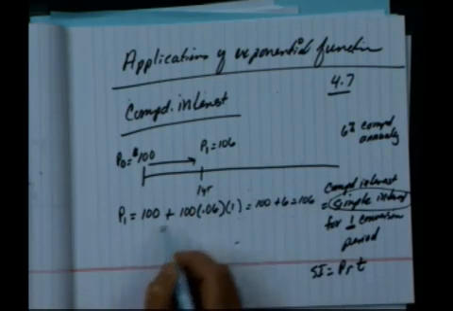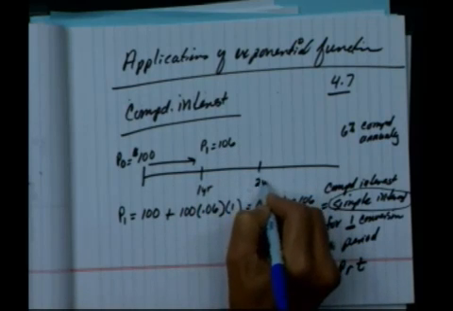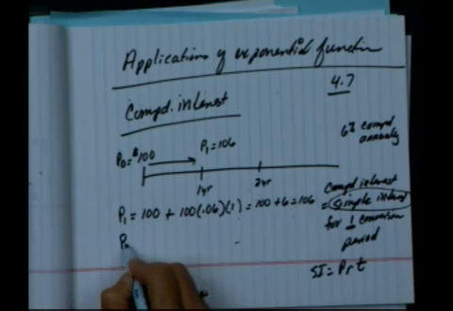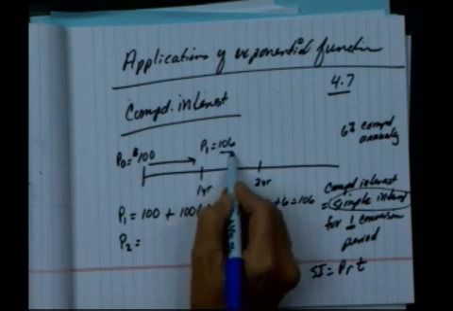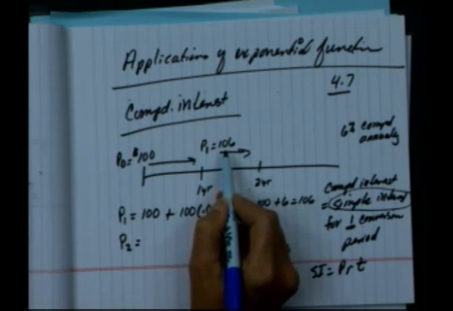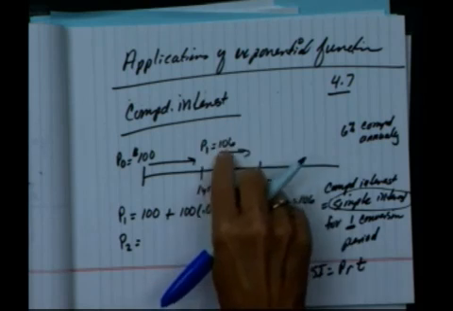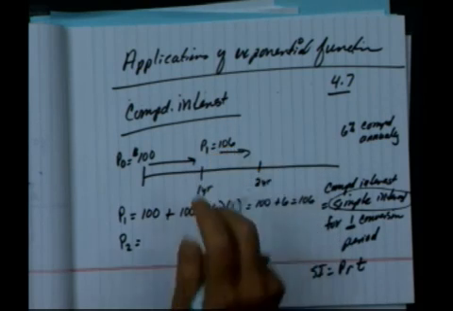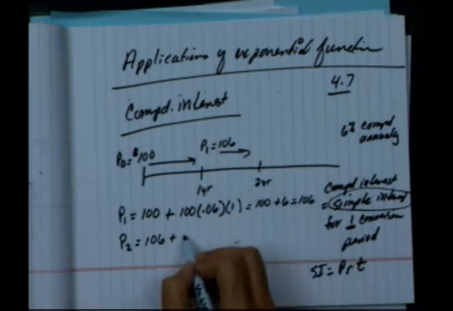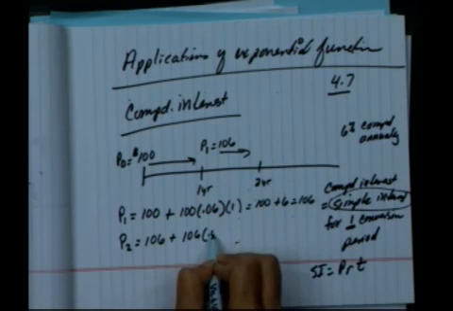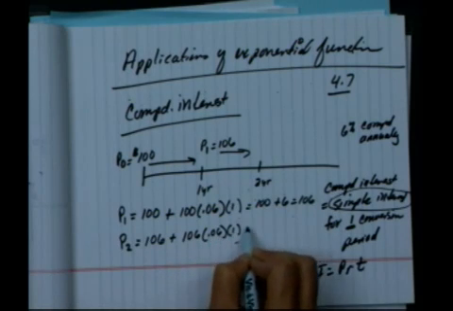Okay? Now if we want to go a second year, P sub 2 is going to be, this is why compound interest is interest on interest. We take our new balance at the beginning, so that's 106 plus your interest on 106 for 1 year.